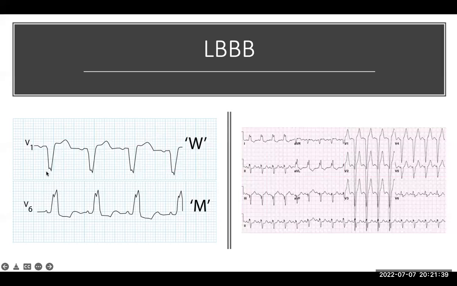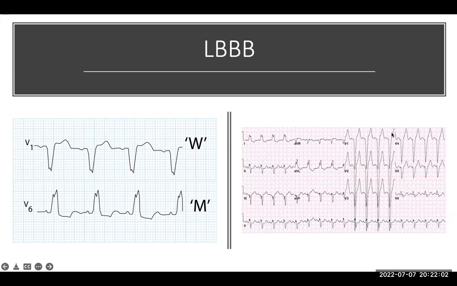So it's the opposite. Here, what is notched is the S wave. Here, what is notched is the R wave. Because of the notch in V1, we call it W, hence the first letter of William. The last letter, M, is Marrow, because the notch in V6 looks like the letter M.